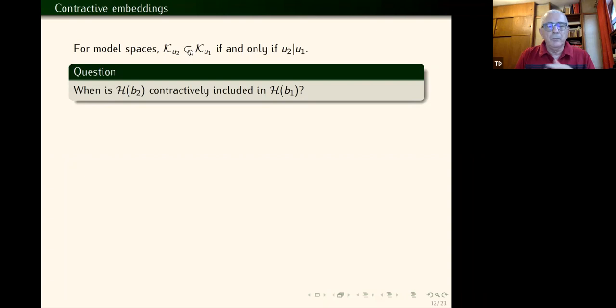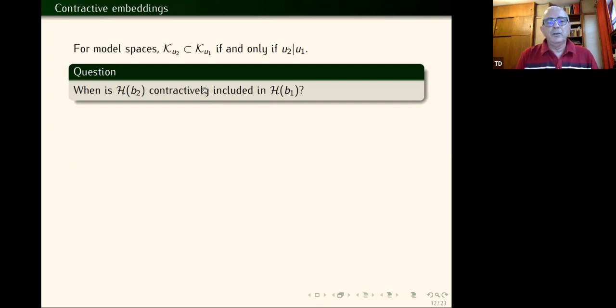Inclusion is clear. There's a unique sense in which we can speak about inclusion. But here we have different norms. So we can ask ourselves whether they are included with the same norm, or rather, maybe this is too strong, when they are contractively included, or when they are included as sets.